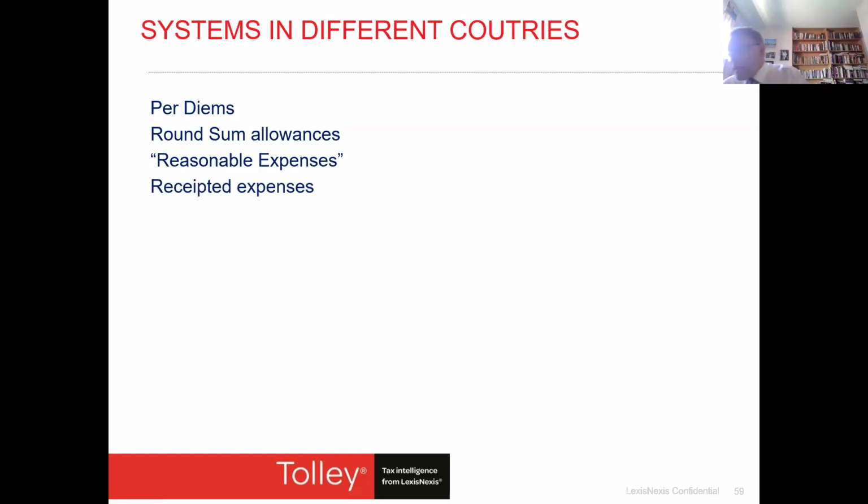So the UK goes down that route for a number of different areas, although they do allow lump sum allowances with reference, for example, to the Foreign Office subsistence rates, which under the Freedom of Information Act have been published and are updated.